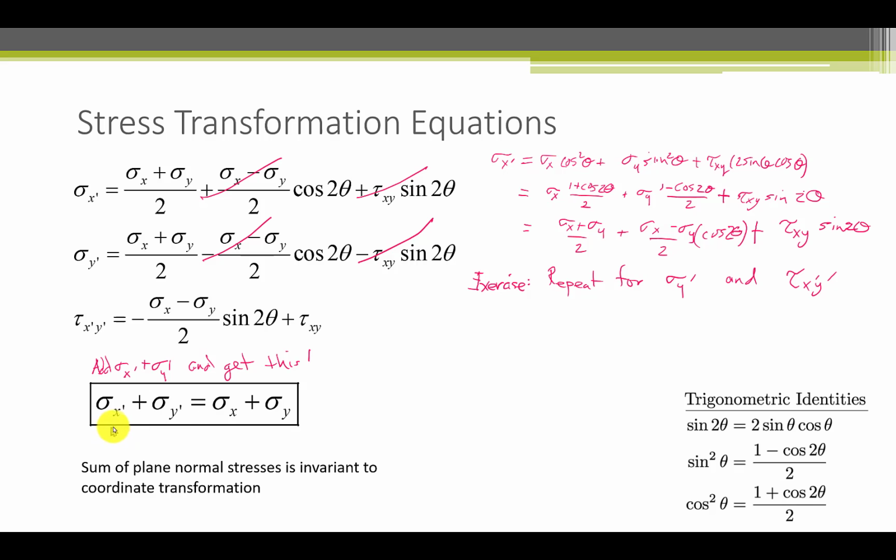And so what we have is that sigma x prime plus sigma y prime is equal to sigma x plus sigma y. This says that no matter what the stress orientation is, the stress plane or the stress element, the sum of the normal stresses acting in orthogonal directions is always the same. Another way of saying it is that the sum of the plane normal stresses is invariant to coordinate transformation.